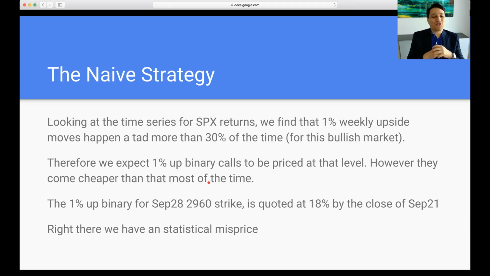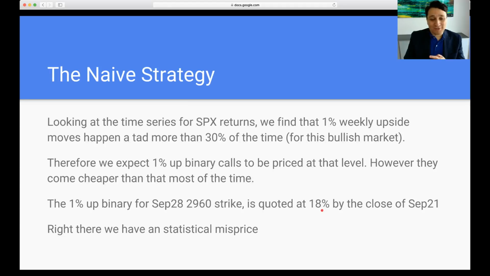The edge of the trade is, and I'm showing you an example right now for next week, for next Friday, September 28th. The 1% binary is the binary for 2,960. If I quote it from normal options, translating between dollars and binary prices, the cost is actually 18%.